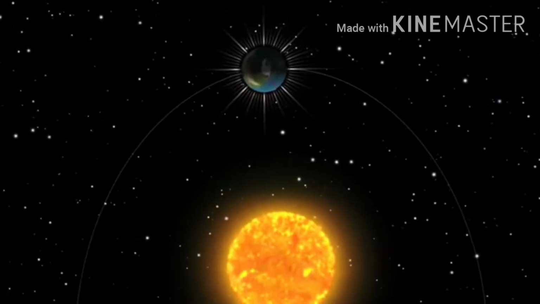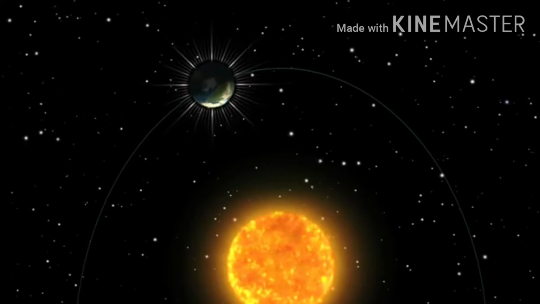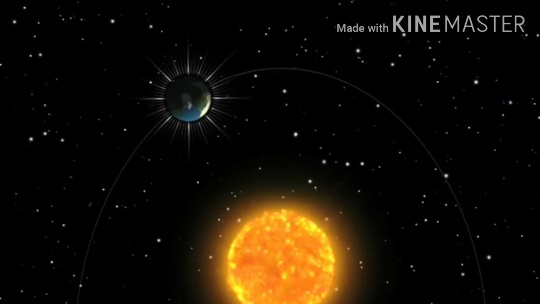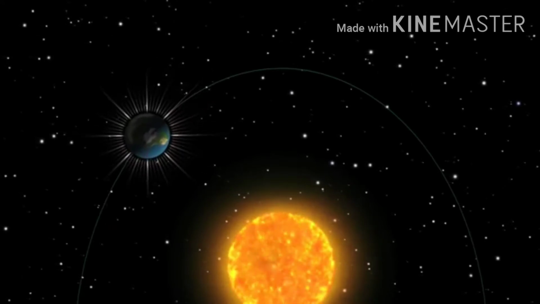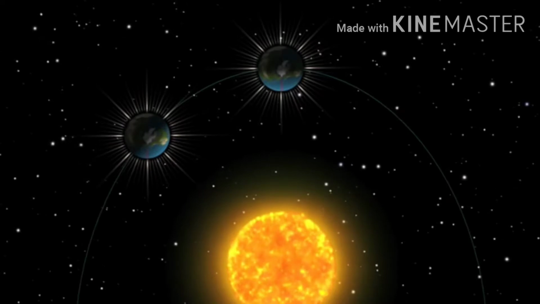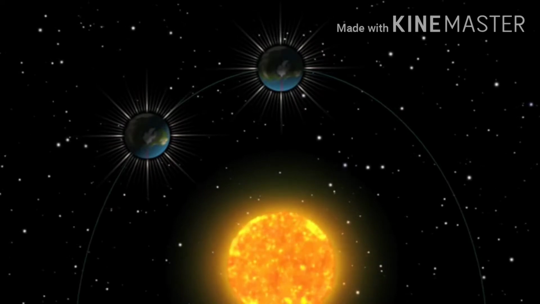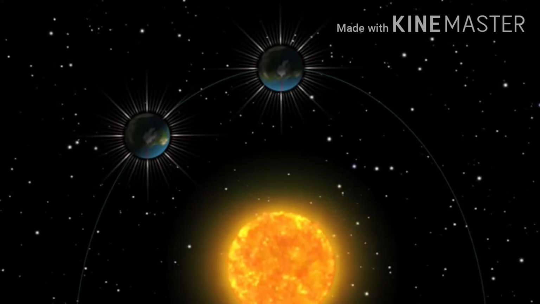Watching from a high vantage point, we see the Earth complete 360 degrees of rotation. But during that time, the Earth has also moved a bit in its orbit. So even after a 360-degree turn, the Sun is not directly above the same point on Earth that it was at the beginning of the spin.